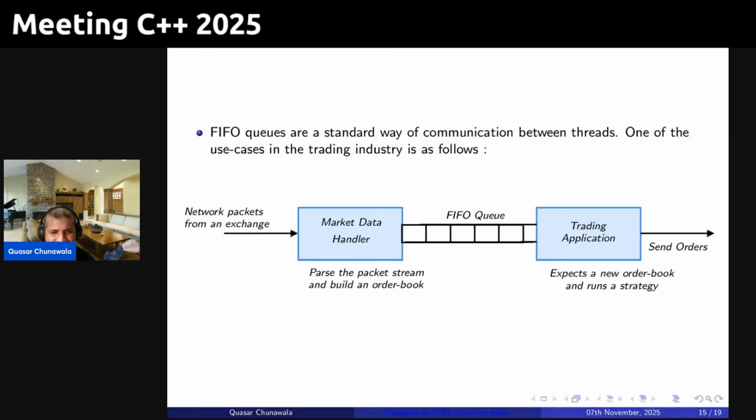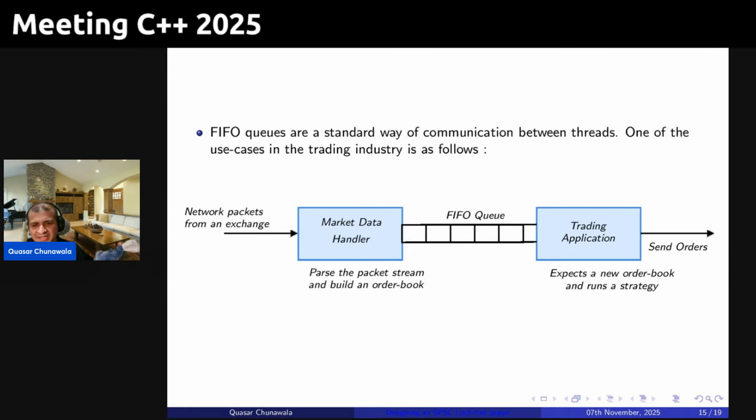The market data handler reads the packets from a network socket, and it builds a data structure called the order book. And the order book is built for every symbol. So you would have an order book for Apple, you would have an order book for Google, and for each of these stocks. And every time an order book is built, it needs to be sent to the trading application.